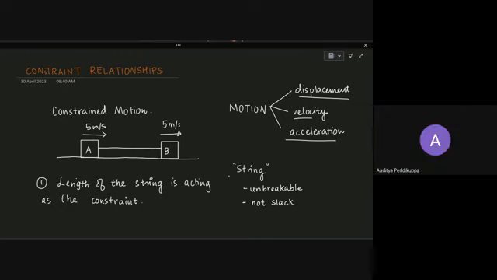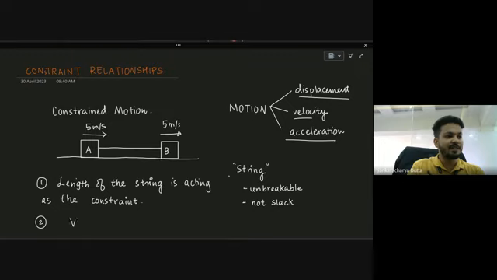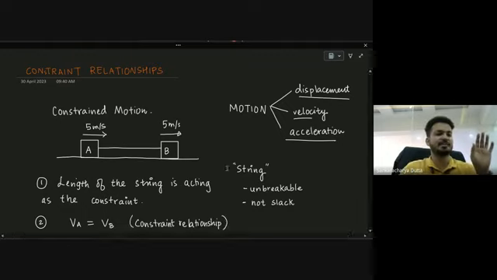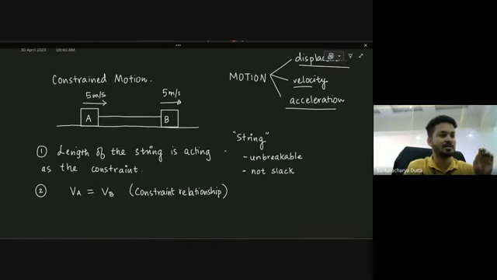Okay, second thing I understood is that velocity of A is equal to velocity of B. This is a mathematical relationship between velocity of A and velocity of B. This particular mathematical relationship is known as the constraint relationship. One second, let me complete and then I'm going to ask you to ask.